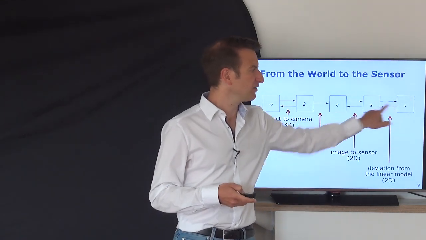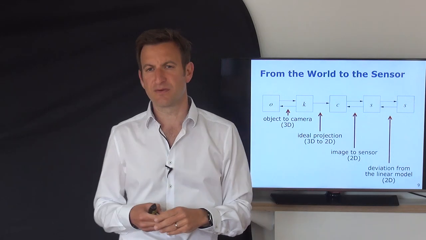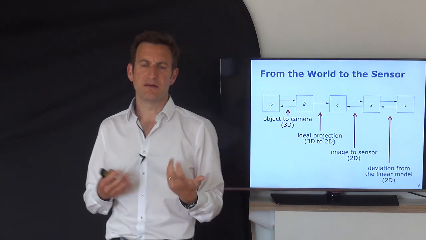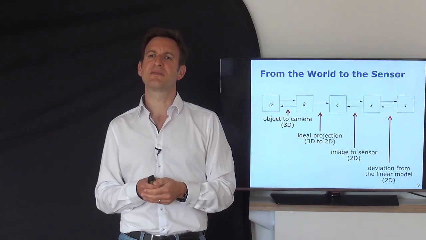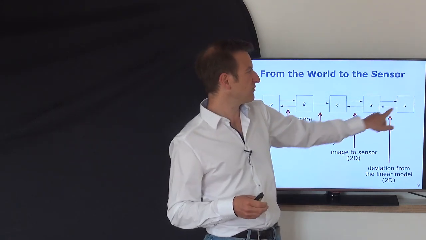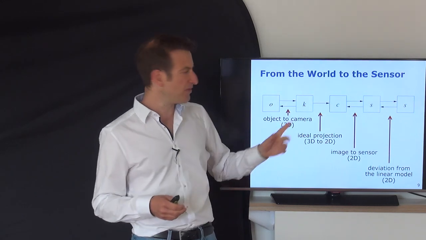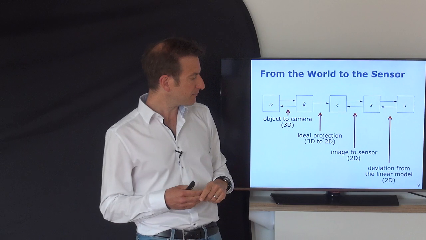Then we have a second transformation that we put in here, and this describes the deviation from this linear model, because typically we have some nonlinear errors involved, for example through lens distortions, which in reality doesn't necessarily happen here. It actually happens already when we map from the 3D world through our lens onto the image plane.